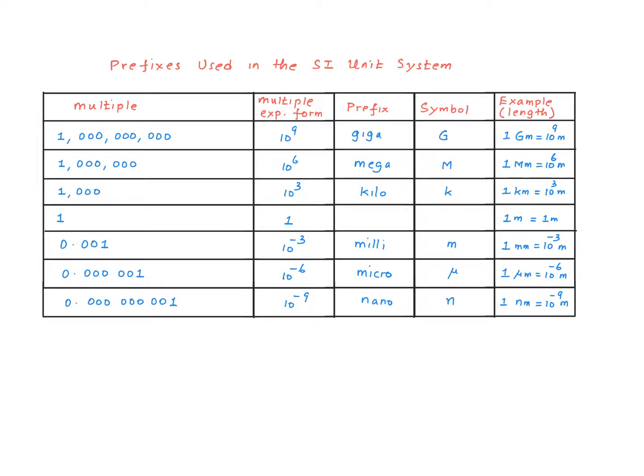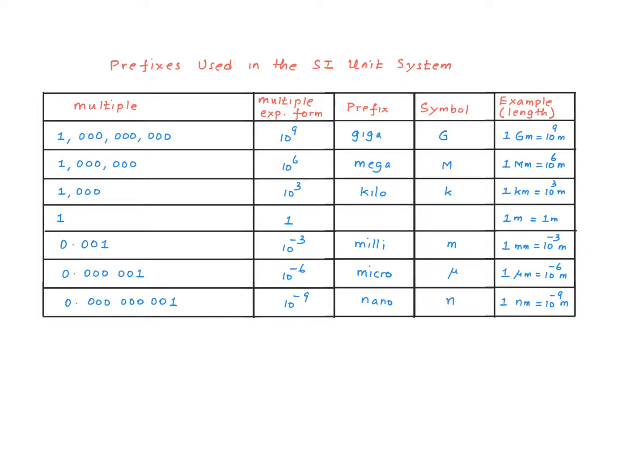Starting from this row, which represents the standard unit, as you go up, the multiple increases. So 1 kilometer is 10 to the 3 meters, and 1 megameter is 10 to the 6 meters, and 1 gigameter is 10 to the 9 meters. And as you go down from this row, it decreases.